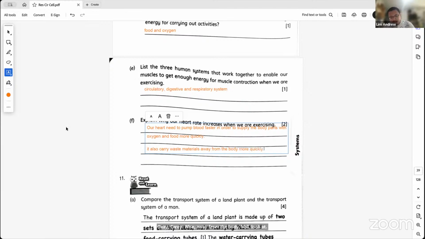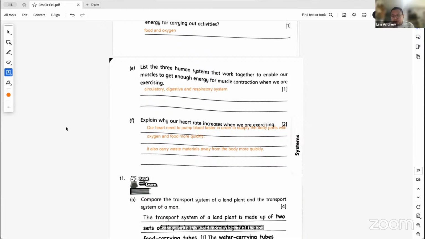Okay, students, there is an important thing to note for this question. In layman's terms, we know that our body needs more oxygen, more food. However, we cannot write the word more in terms of the heart.